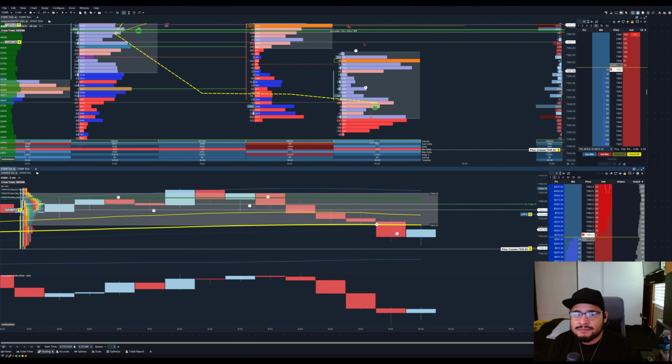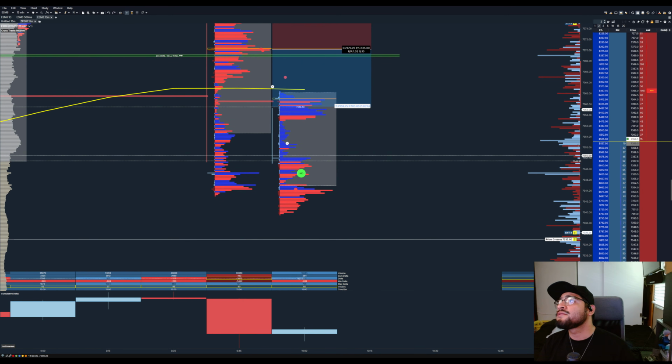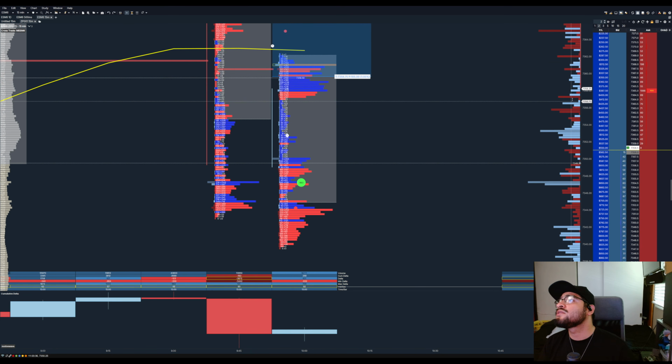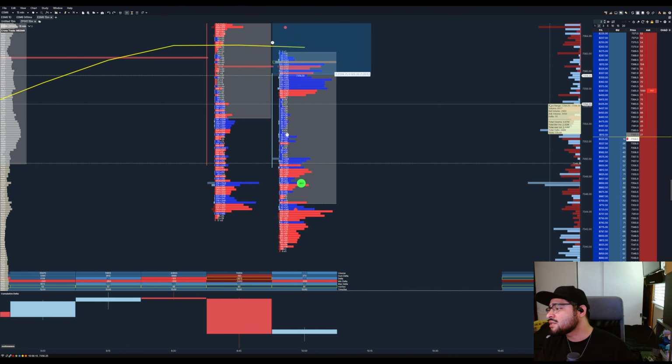If I show you this second monitor, this is the 15-minute candle. We have one single print at 75. We have one single print at 73.56.